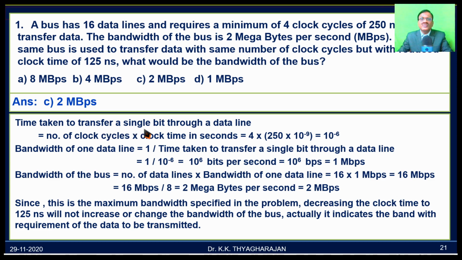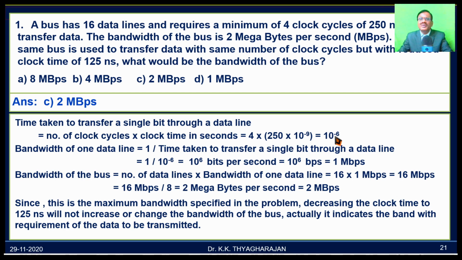Time taken to transfer a single bit through a data line is equal to number of clock cycles into clock time in seconds, which is 4 into 250 into 10 power minus 9, because nanosecond means 10 power minus 9. That is equal to 10 power minus 6, because 4 into 250 is 1000.